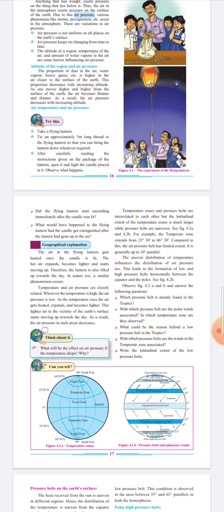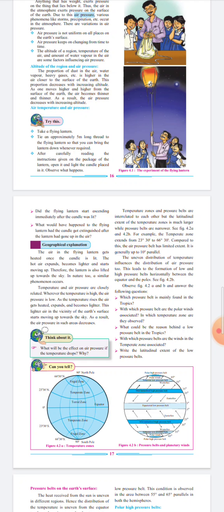As this process operates continuously, a low pressure belt is formed. As air is very hot, it gets heated, becomes light, expands and rises up. Hence in this area a low pressure belt is created.